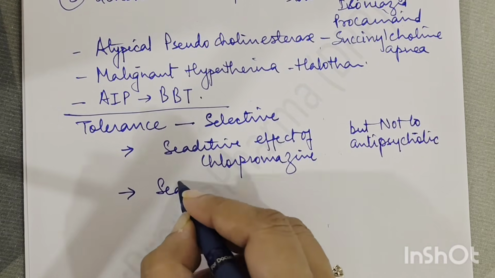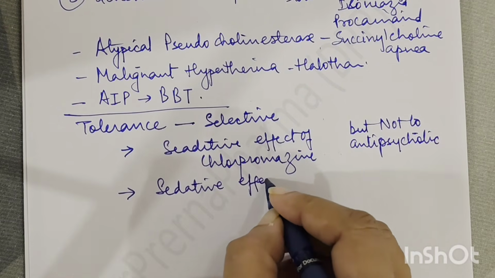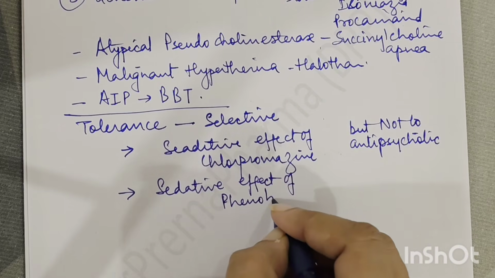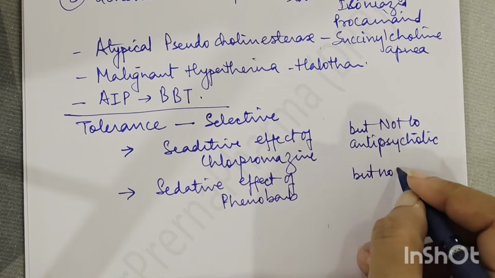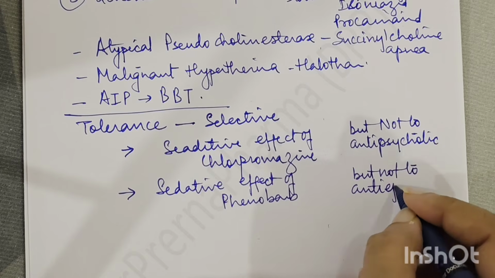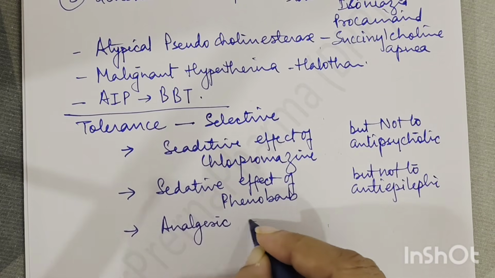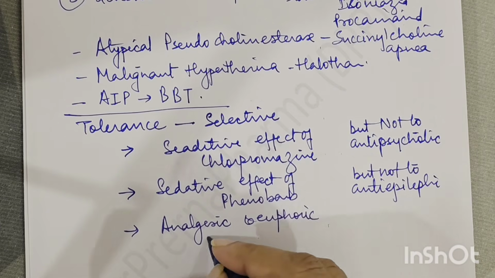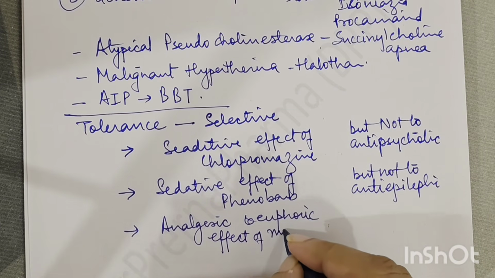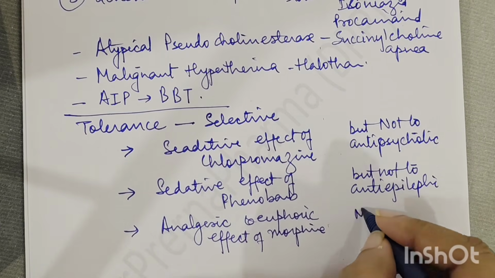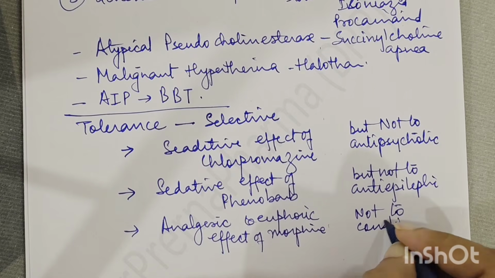Then tolerance can develop to the sedative effect of phenobarbital, but not to the antiepileptic effect. Okay. Then tolerance can develop to the analgesic and euphoric effect of morphine, but not to the constipating effect.